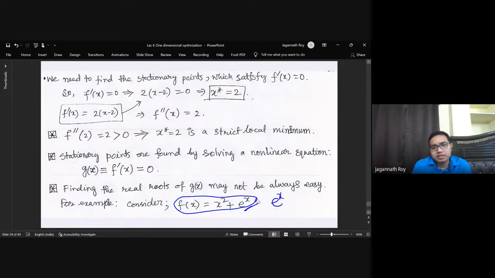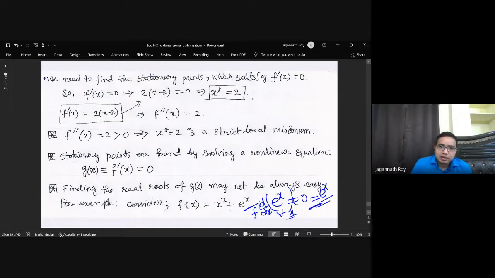E power x is never 0 for any x. And if you differentiate d dx of e power x, it will give you e power x only. So even for a simple function that is not that complicated, we are not able to find the exact solution by this calculus method.